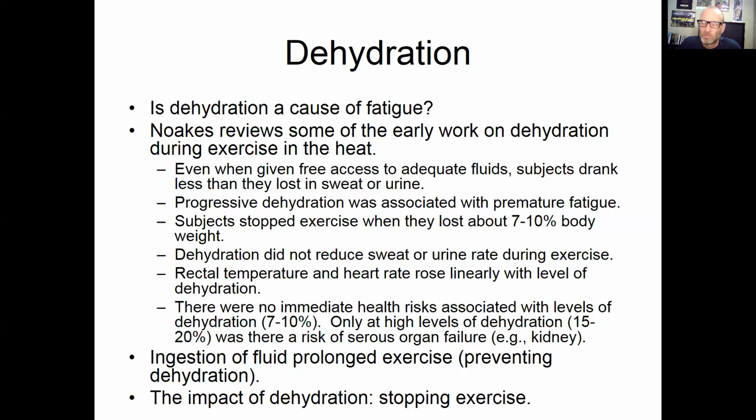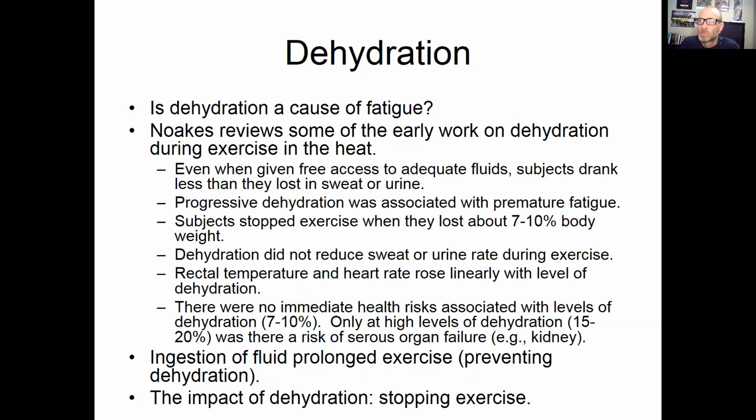Rectal temperature, core temperature, and heart rate rose linearly with level of dehydration. There were no immediate health risks associated with levels of dehydration of 7 to 10%, only at high levels of dehydration, 15 to 20%, was there a risk of serious organ failure.